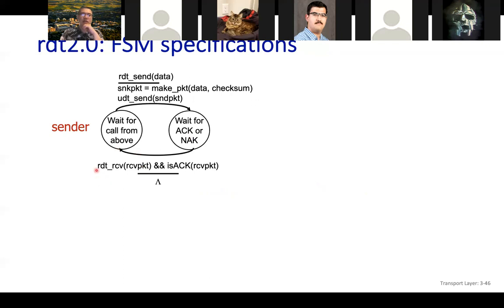The RDT receives the packet, and if you expand this function, it will extract the data and pass the data back to the application. And also you need to make sure you receive an acknowledgement okay, then it triggers this state change. Okay, if you receive the NAK, how will the state change?